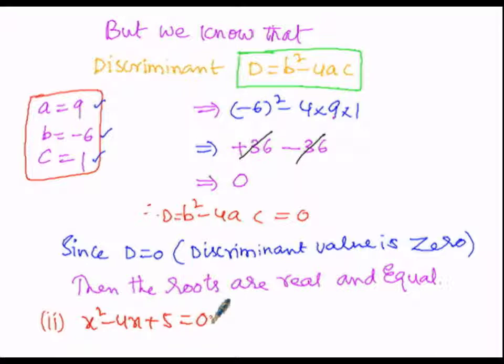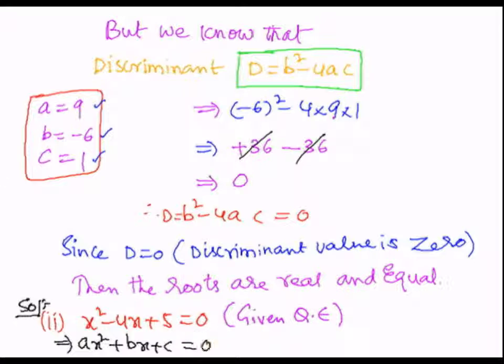So this is the given quadratic equation. Let us compare with the general form of the quadratic equation. This is the solution of the second one. General form is ax square plus bx plus c equals to 0.